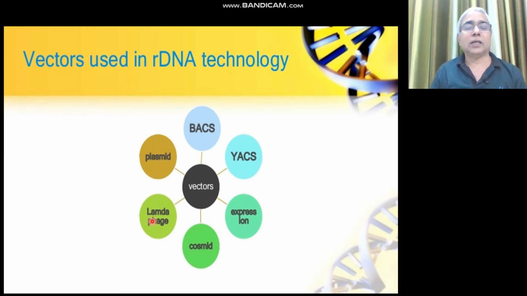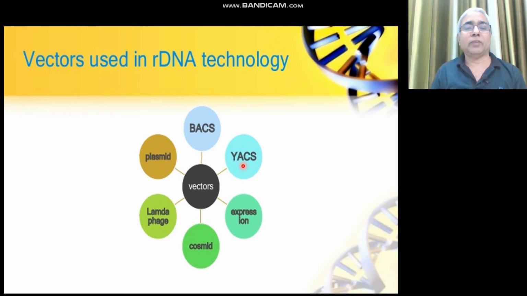Again, when larger DNA sequences were planned to be cloned, the properties of both plasmid and lambda were combined, and that molecule is termed a cosmid. Then there are bacterial artificial chromosomes and yeast artificial chromosomes. In this way, there are many different types of vectors according to the requirement of the scientist.